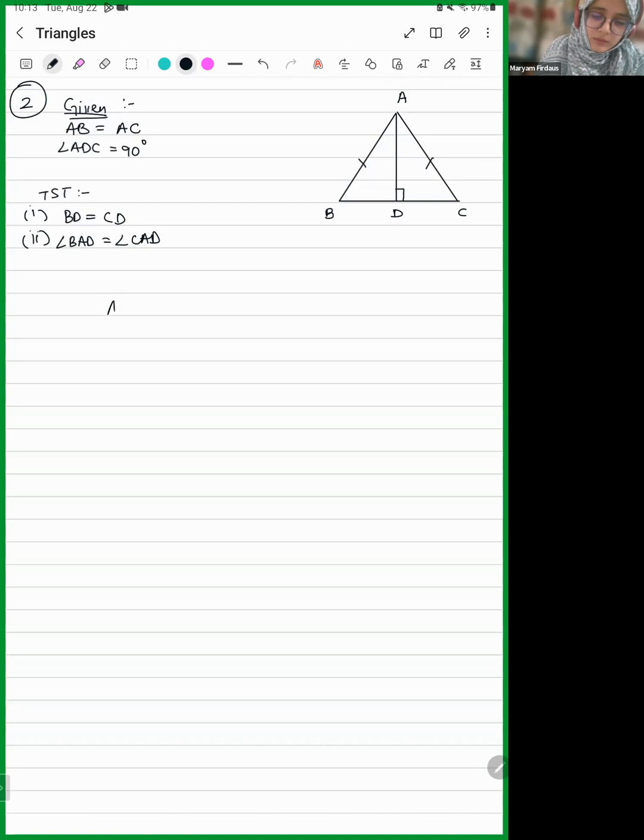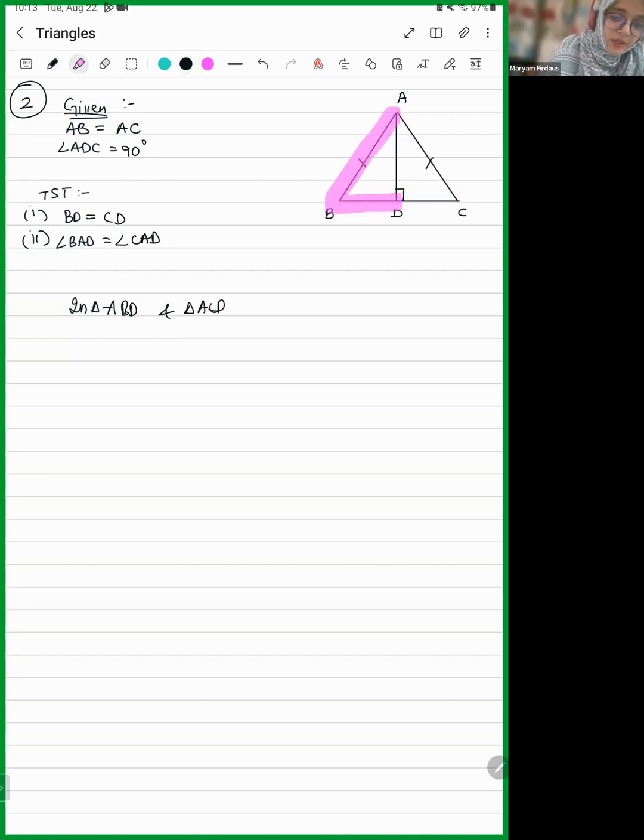Since ABC is 90 degree, then that means since both sides are same, then that means ADB would also be 90 degree. Yeah, obviously, because there are linear pairs. So if one of them is 90, then the other one is also 90. So first, let's write it like this, okay? In triangle ABD and triangle ACD.